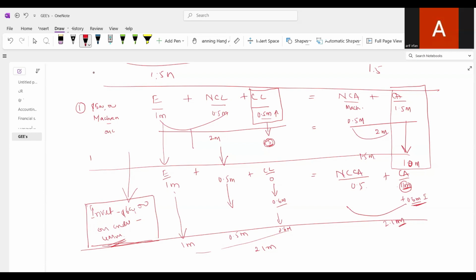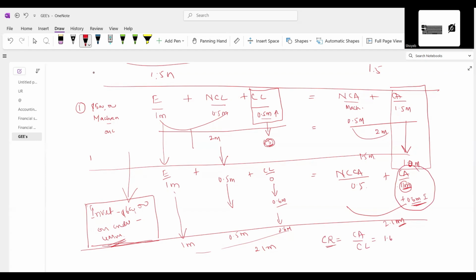Now tell me, what is the current ratio after this transaction? You know the concept of current ratio? Current ratio is equal to current assets divided by current liabilities. Now tell me, what are the current assets we have here? 1 million cash, inventory 0.6, so 1.6 million. What are the current liabilities that we have as of now? 0.6 million.